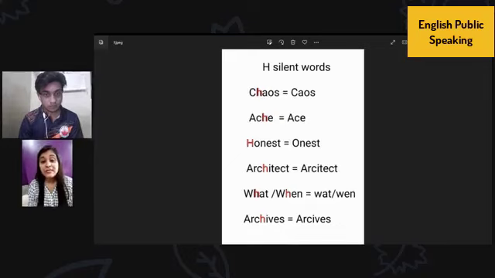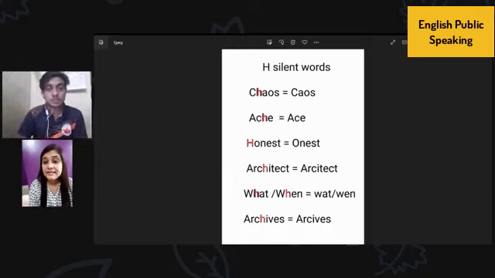And after W, H will be silent. So first after C and after W, H will be silent, and when H is at the beginning of the word, at that time H will be silent.